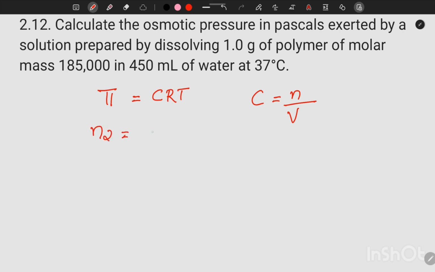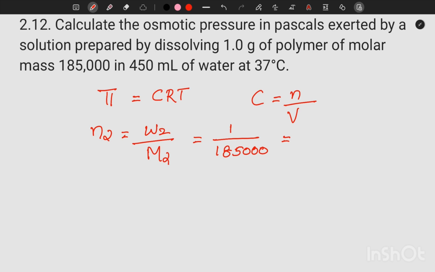So n2 is equal to mass of the solute by molar mass, W2 by M2. Here mass of the polymer is 1 gram and molar mass of the polymer is 1,85,000. So when we simplify this, we will get 1 by 1,85,000. We can substitute in the equation as it is, or we can simplify this.